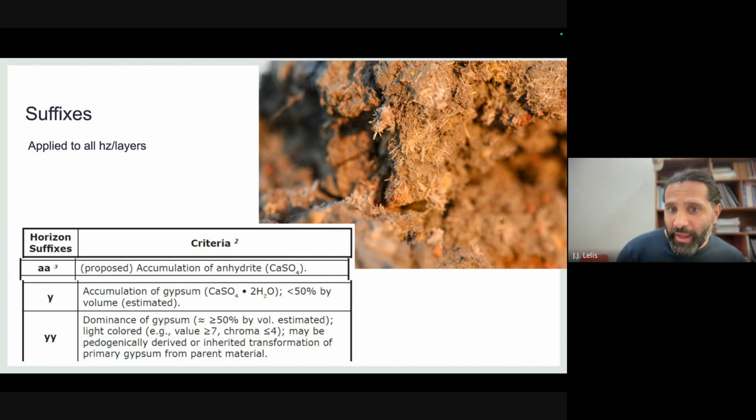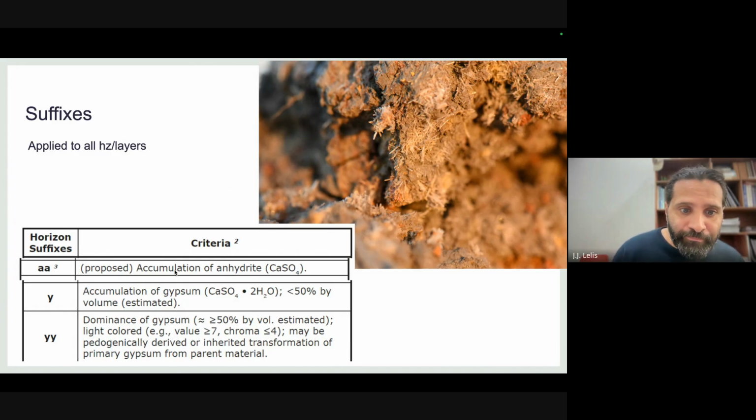So I can register gypsum or anhydrite calcium sulfate in any of the horizons. We usually see it at the surface, but I can see these minerals in all soil profile, at all depths. So when I see it, I just need to report, okay?